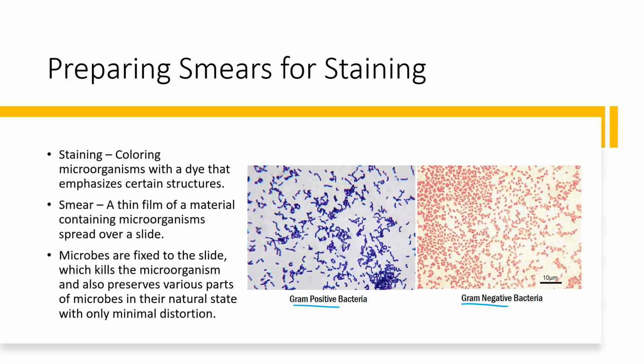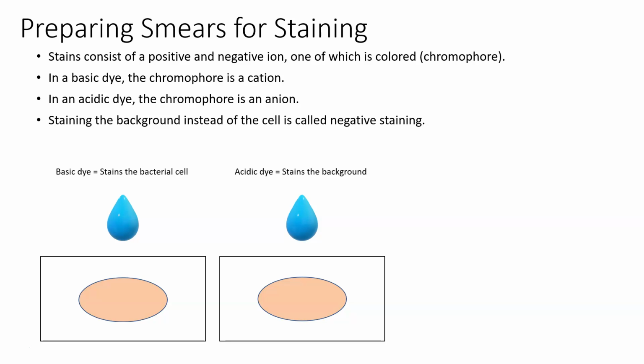It allows us to look not just at internal or external structuring of the cell, but to see very visibly the color that each of the bacteria types will stain.